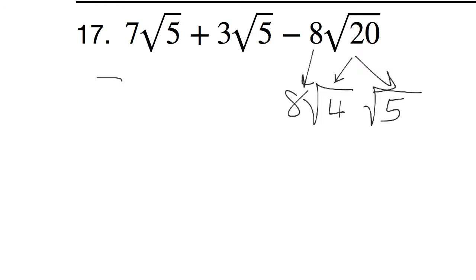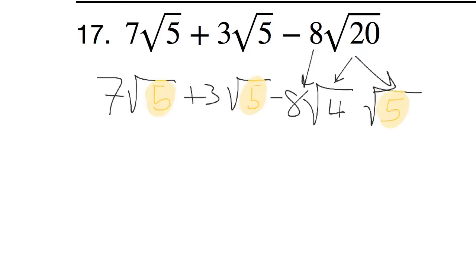So let's recopy, and we find that we've got some common terms, especially after this simplifies down to 2. So we've got 7 of these plus 3 of these minus 8 times 2 is 4 of these. 7 plus 3 minus 4 is 6. 6 square roots of 5.